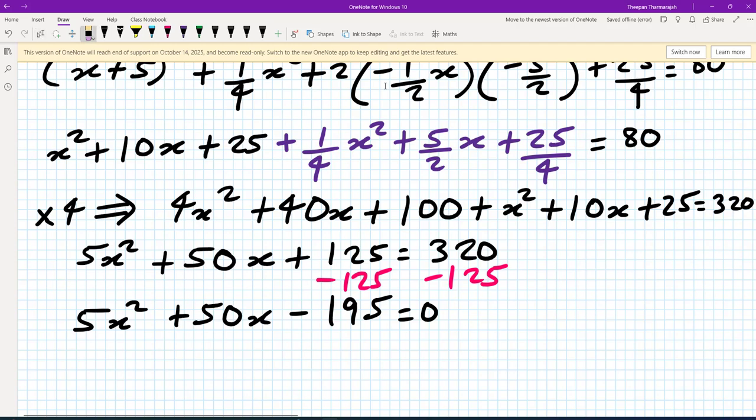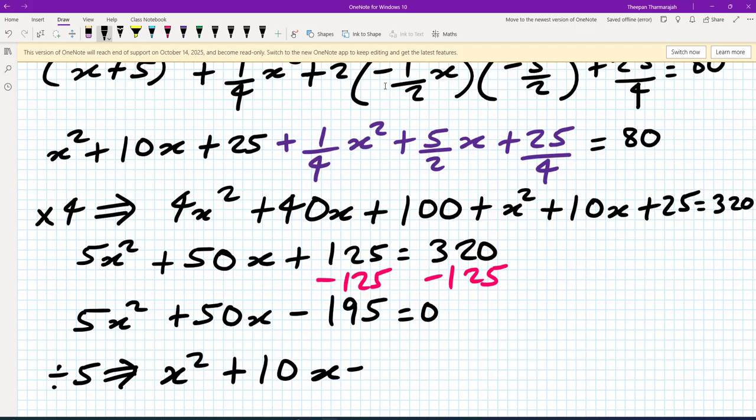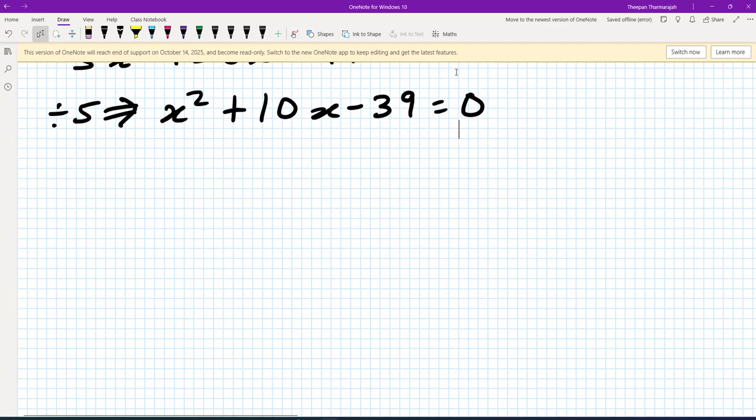Divide throughout by 5. And that gives me x squared plus 10x minus 39 equals 0. Factorize the quadratic.